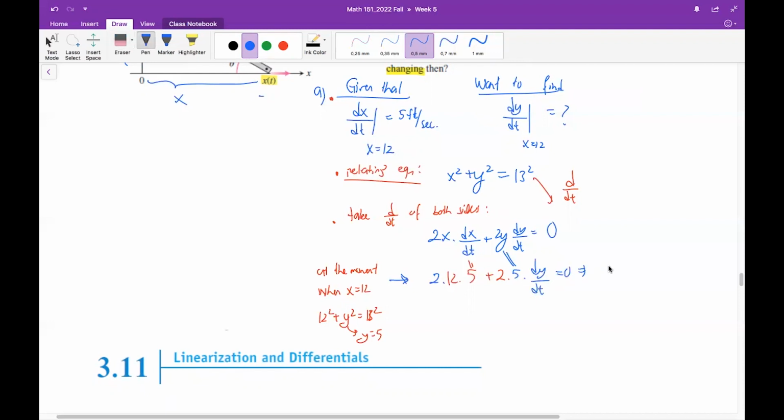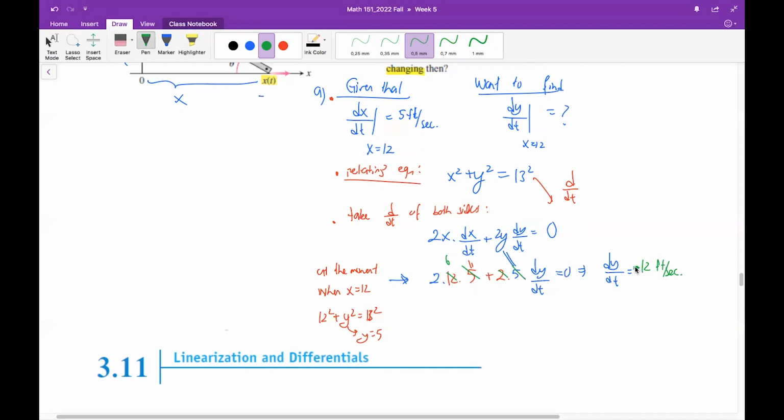In this line, the only unknown is dy over dt, and you can easily solve for it as, so let me see, these are gone, this is gone with this. So it is, I guess, minus 12 feet over second. So this is our result.